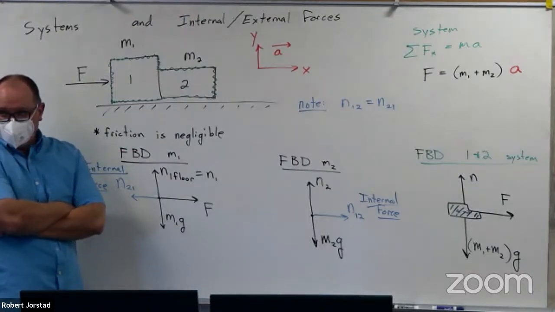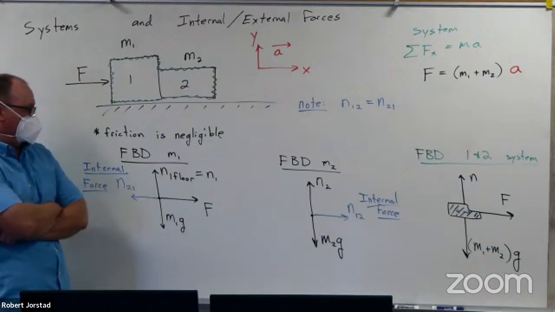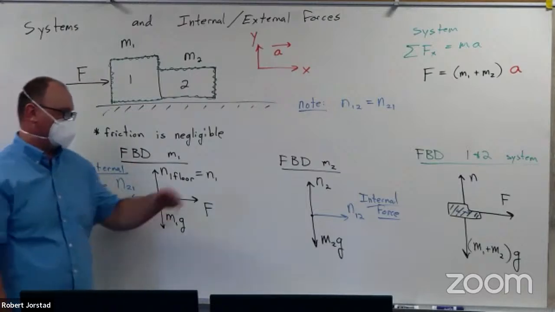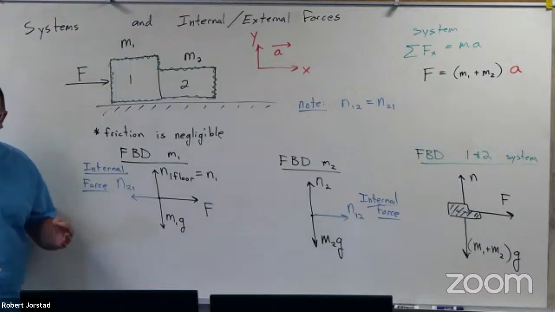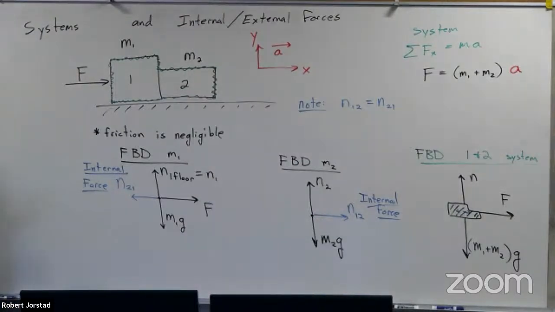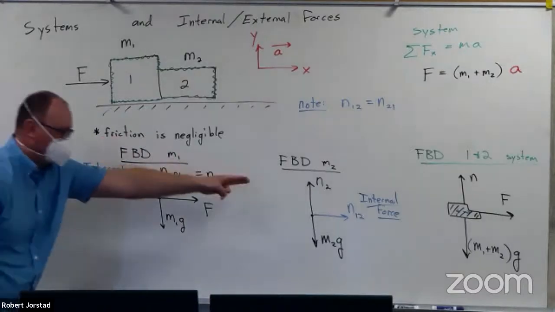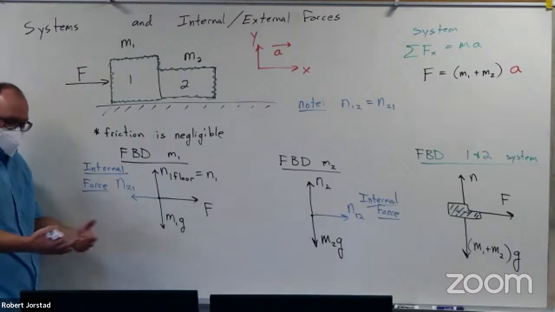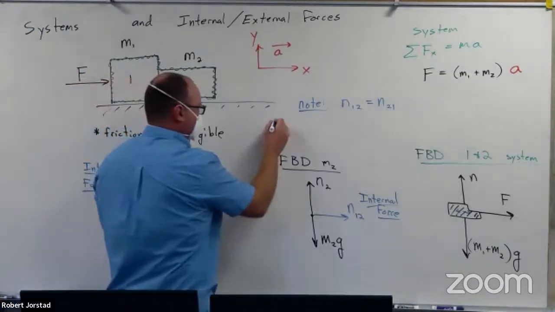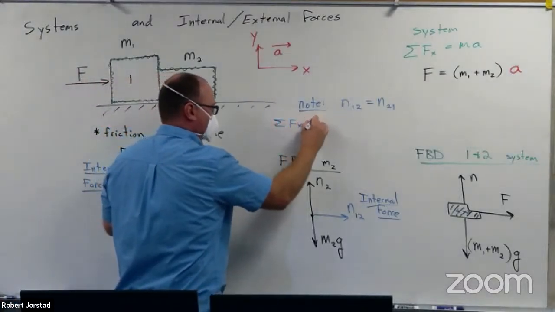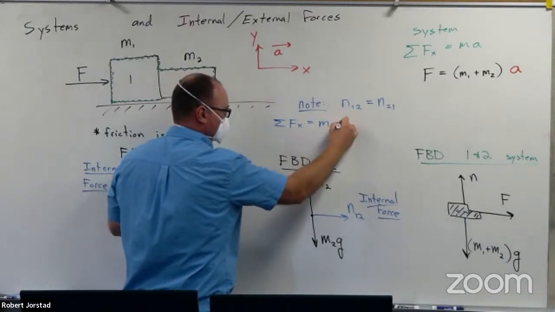Tell me, which diagram, FBD1 or FBD2, makes it easiest to determine the internal normal force N12? Which FBD looks easier to work with, 1 or 2? 2. What's the sum of forces in the x for mass 2?